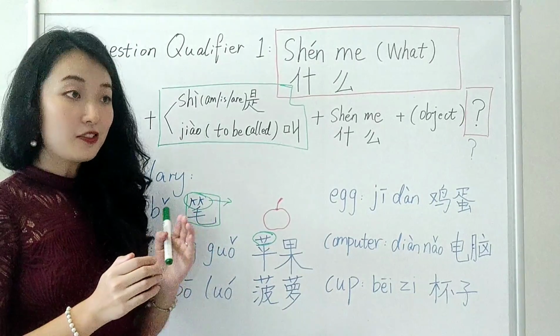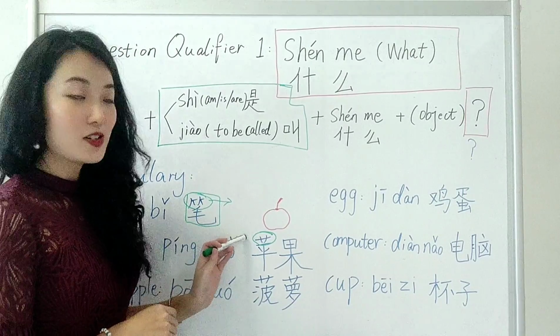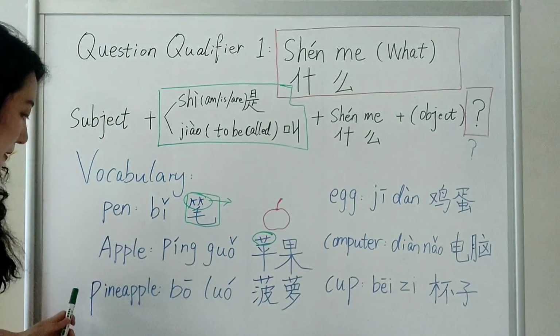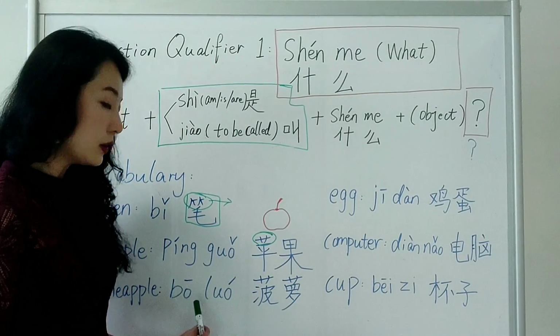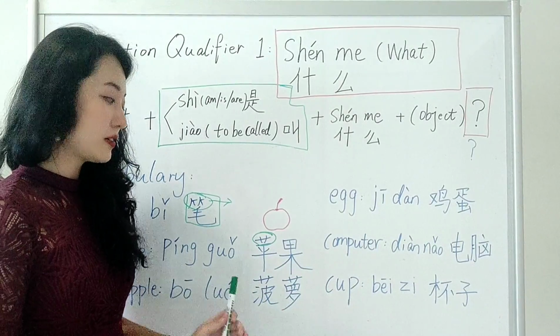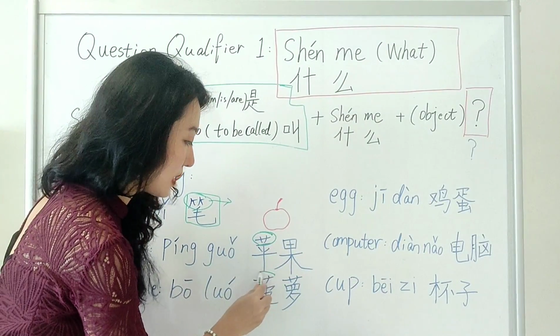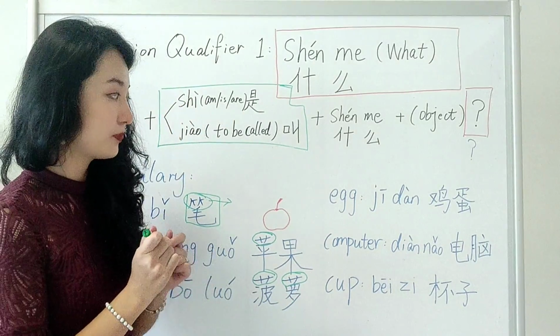Because 苹果 is a kind of plant. So in Chinese, it's also with this radical. Next one, pineapple. Pineapple's pronunciation is 菠萝. 菠萝. And these are the Chinese characters. As you can see, as a type of fruit, it also shares the same radical on the top.